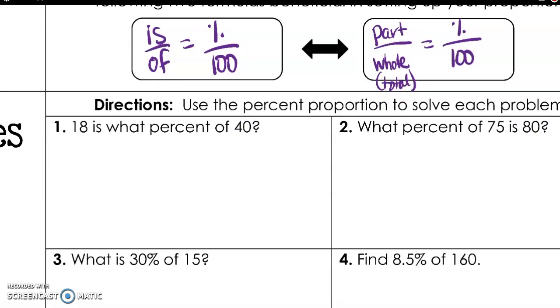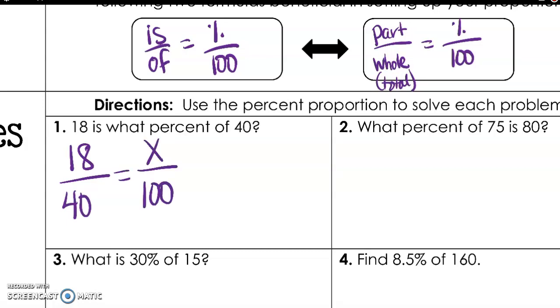So number 1, 18 is what percent of 40? 18 is your is, 40 is your of, and you're finding your percent. So that's where you're going to put your x. If they don't give you a percent, you know that it's going to be x over 100. So we cross multiply: 40x equals 1800.